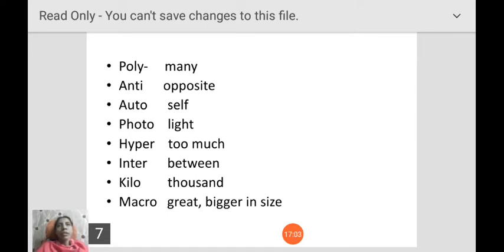The first word I have written is polytechnic, and I told you the root word is poly.